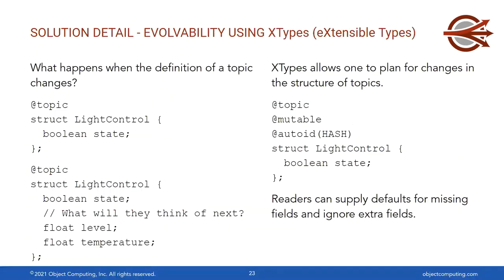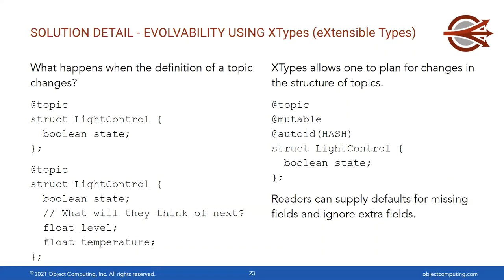We've already mentioned the possibility that you will have gateways and applications of various versions all running together and interoperating. And from a DDS perspective, what we need to accommodate is the possibility that the definition of a topic is going to change over time.